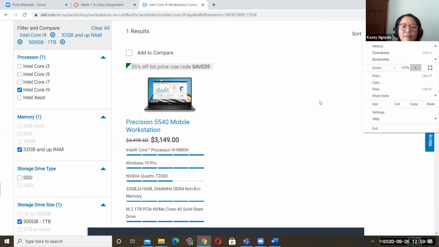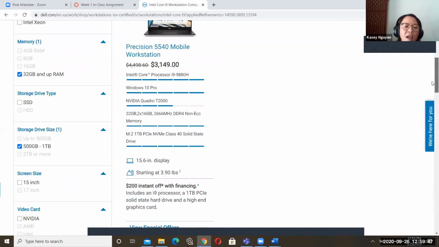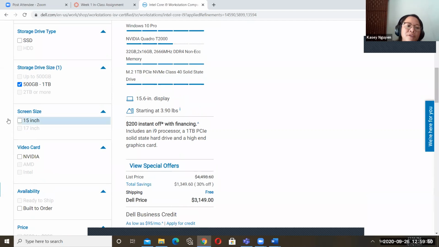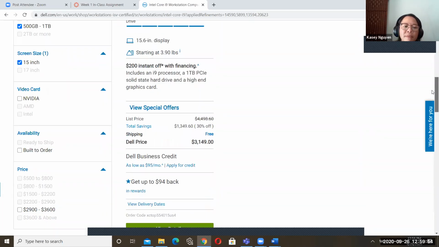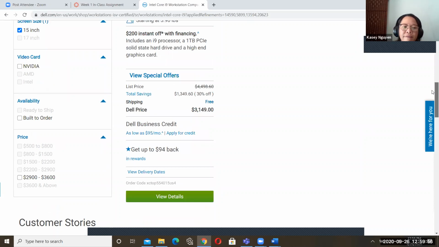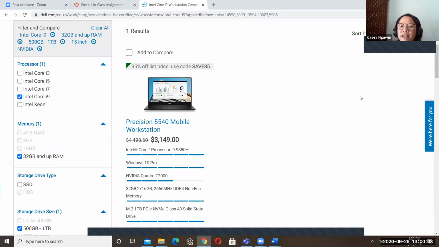And we're just going to do a 15-inch; we don't have to make it very large because it could be heavier. Then we can add some video cards so they can run high-graphic applications. With that alone, you can see it's ranging about $3,000 and up for a laptop.